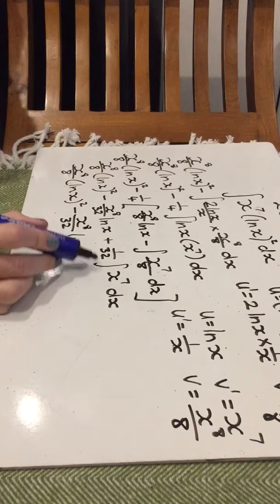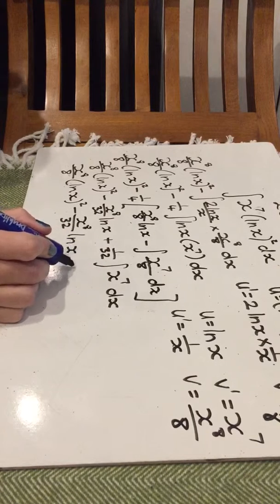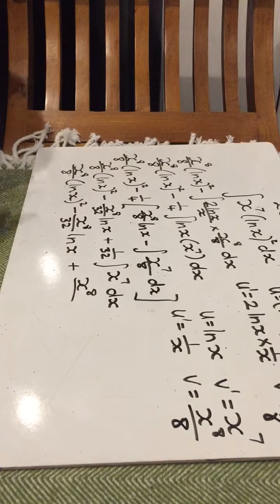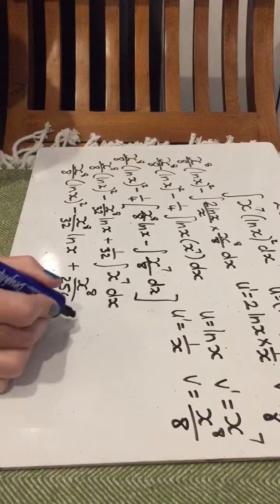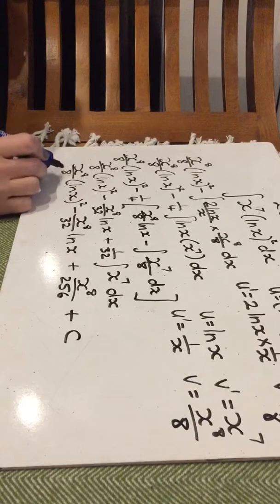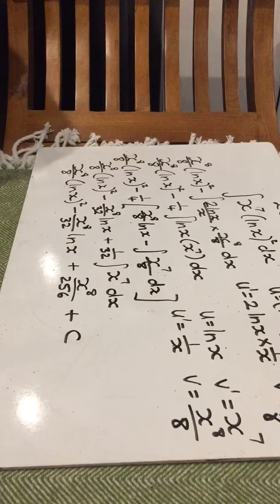So the 8 on the bottom times the 32 is going to be plus x to the 8 over 8 times 32, which is 256, plus our constant of integration, and that is our final answer. We could take x to the 8 out as a common factor, and then, you know, it's another way of writing it because there's an x to the 8 in each bit, so you could take that out, but it's fine to be left like that.